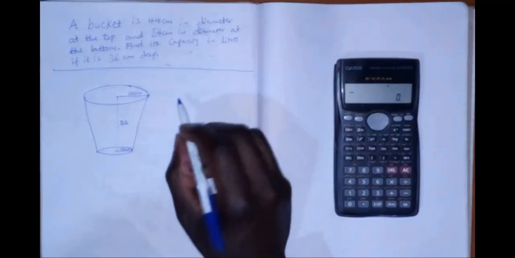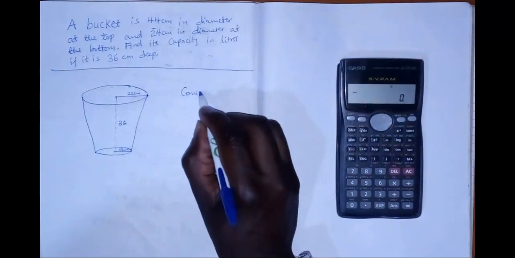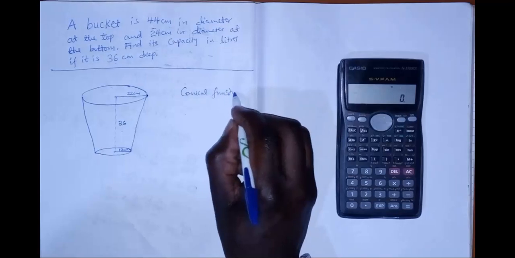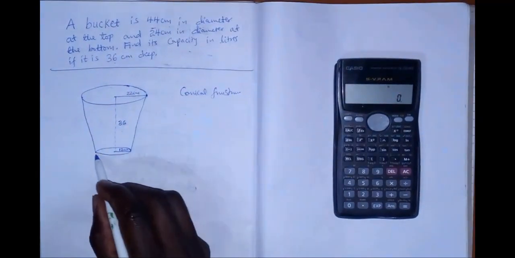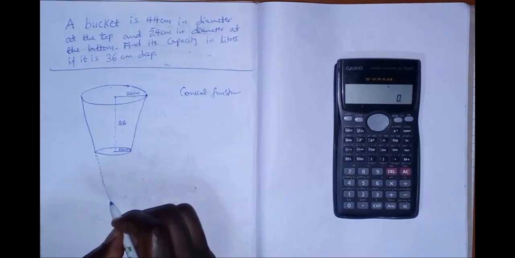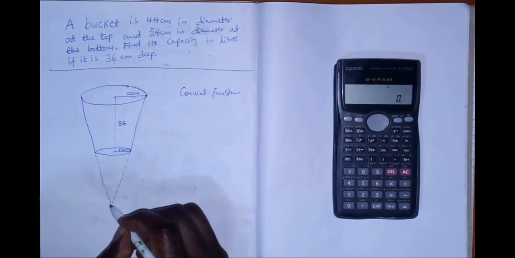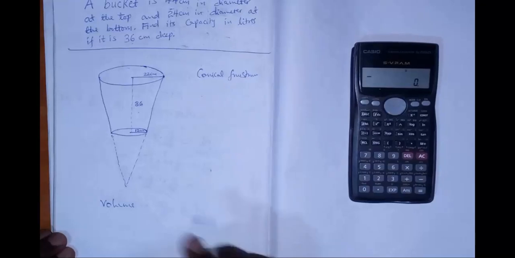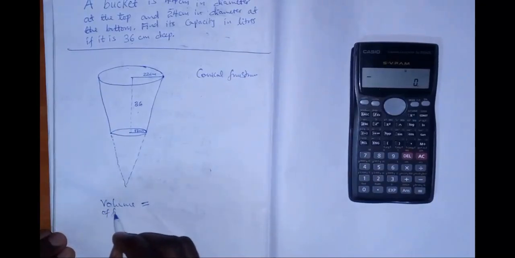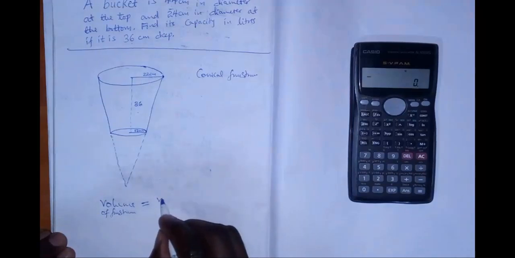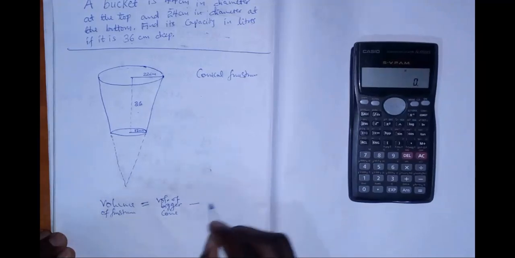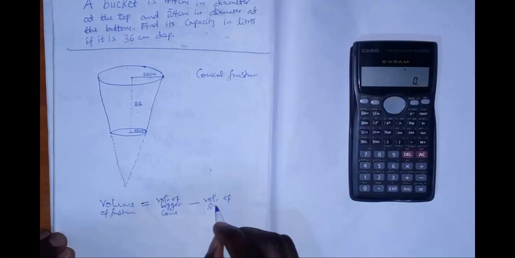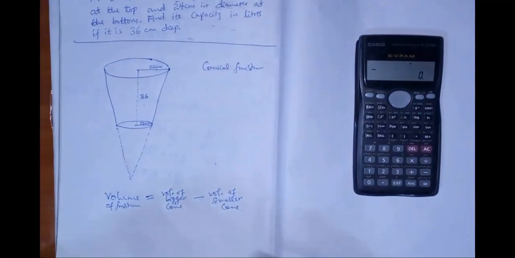Since this is a conical frustum, what we need to do is also to get the cone that was cut from it, such that for us to get the volume of the frustum will be volume of bigger cone minus volume of smaller cone. So this is what we need to get.